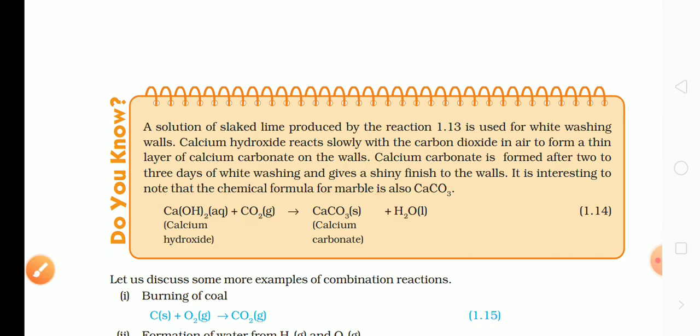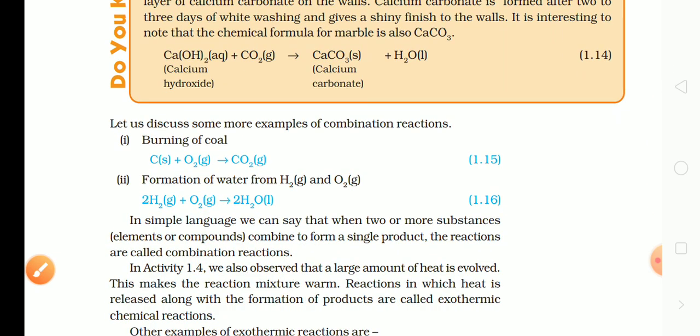And you can see some more examples of combination reactions. So what is the definition of a combination reaction? When more than one reactant reacts chemically to form a single product, it is called a combination reaction. We can see more examples, like first of all, burning of coal.